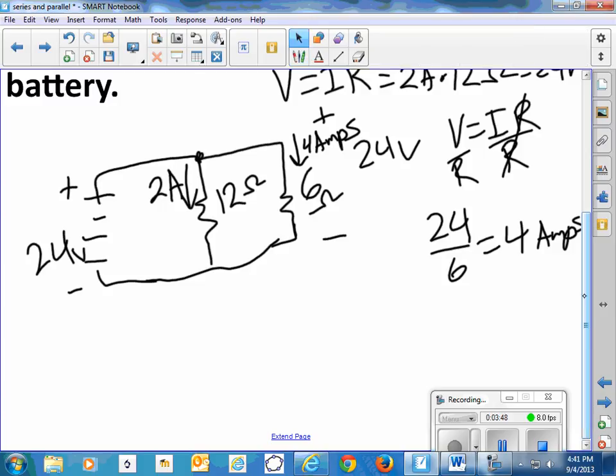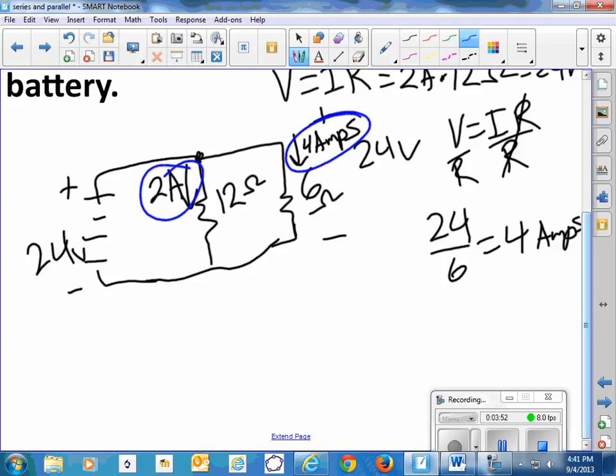So I have 2 amps flowing there and 4 amps through that circuit, and then they connect back up. They continue, so flowing into the battery would be both of those, so it'd be 6 amps right there. Coming out of the battery would be 6 amps. Then it splits, and 2 amps go down through the 12 ohm resistor, 4 amps go down through the 6 ohm resistor.